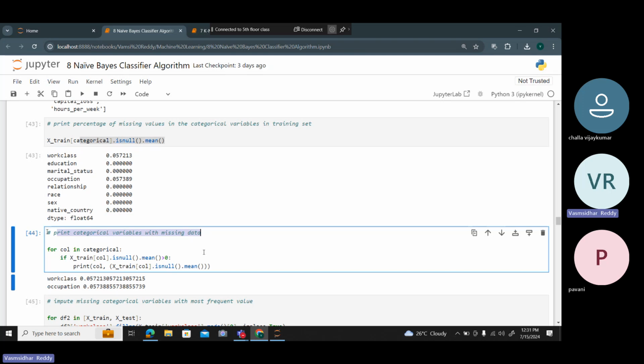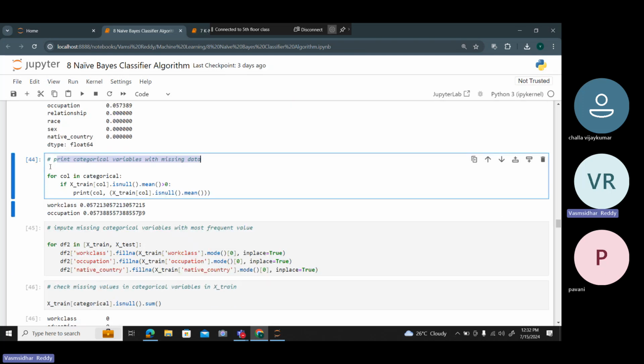For each column in the categorical columns, if X train of column dot isnull dot mean is greater than 0, print the column. So it is work class and occupation only where we have null values.